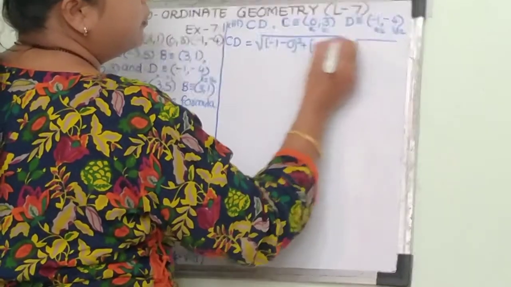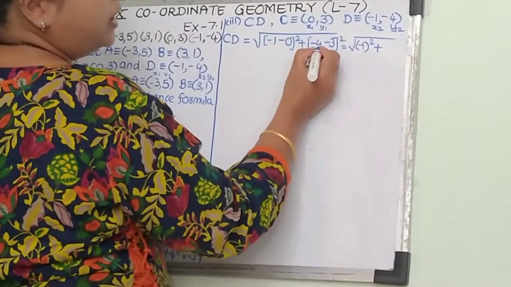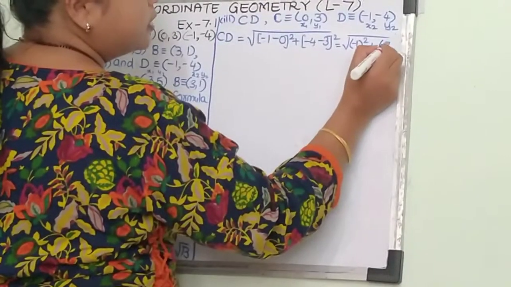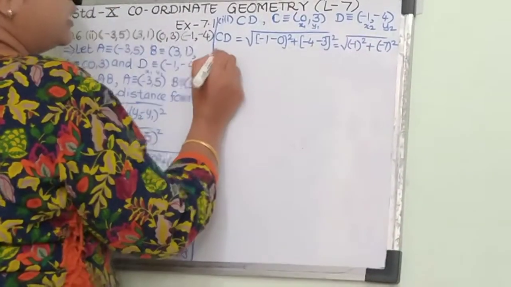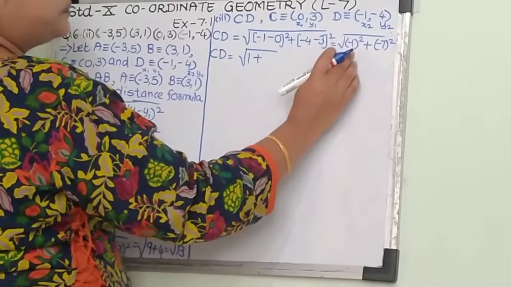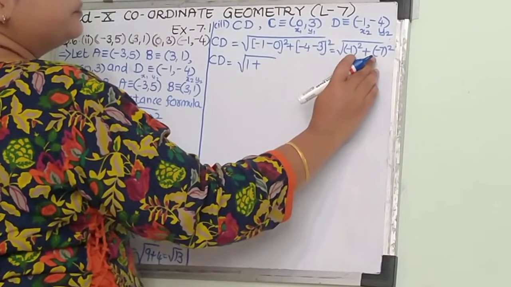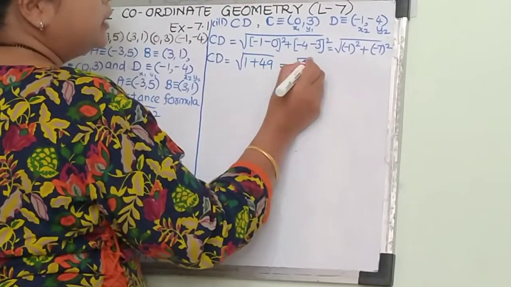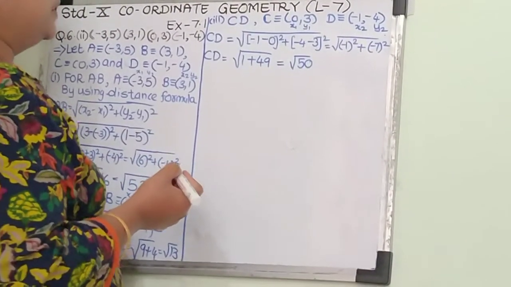So we get minus 1 square plus minus 4 minus 3. Minus minus become plus, and sign minus, so 4 plus 3, 7, and minus 7 square. So CD is equal to root of 1 plus 7 square, that is 49. So we get here 50, 1 plus 49, that is 50.